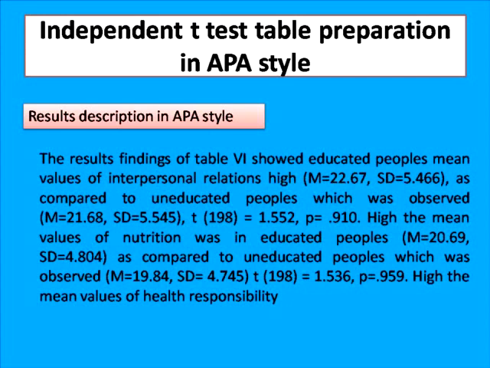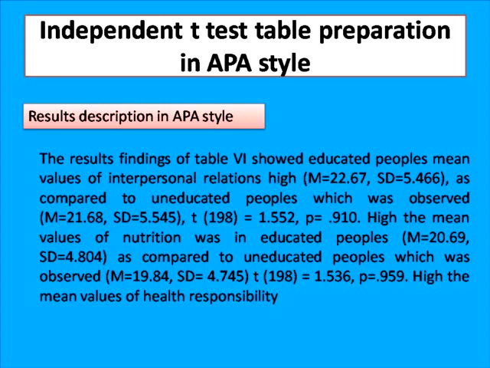Just for example, Table 6 showed educated people had a high mean value of interpersonal relationship, mean equal 22.67, comma, SD equal 5.466, as compared to uneducated people, who had an observed mean and SD of this and that, and T(198) equal 1.552 and P equal 0.91, non-significant.